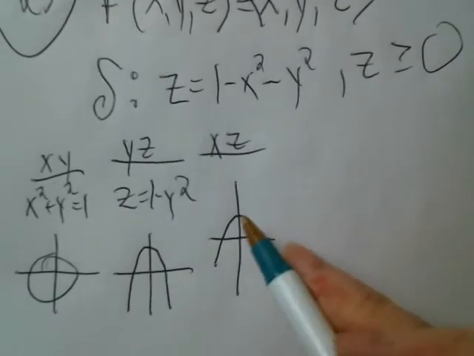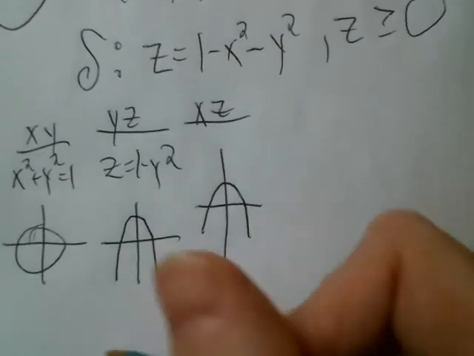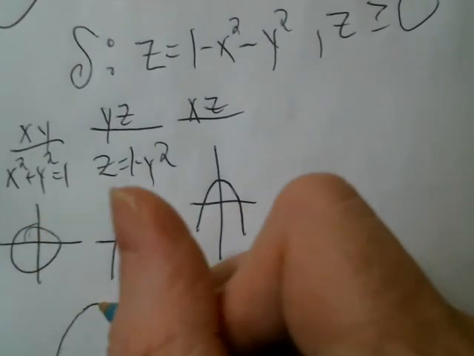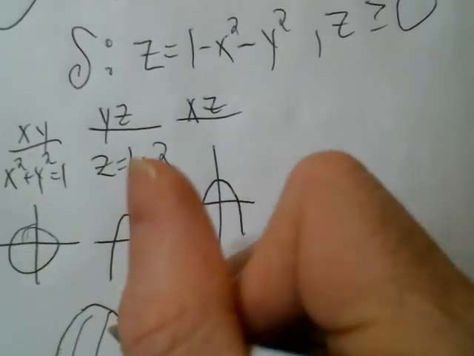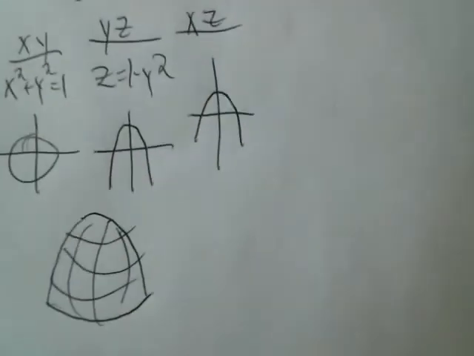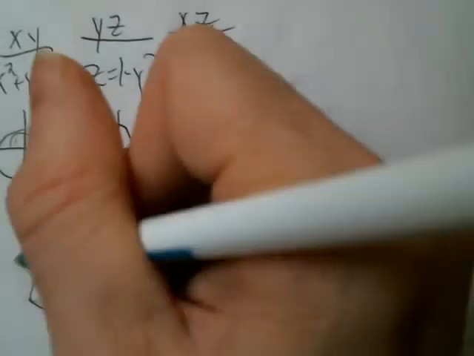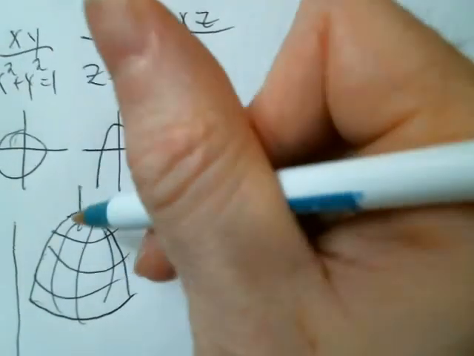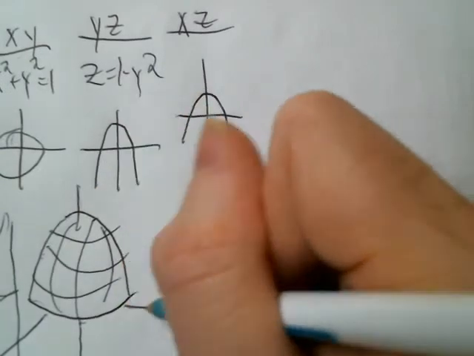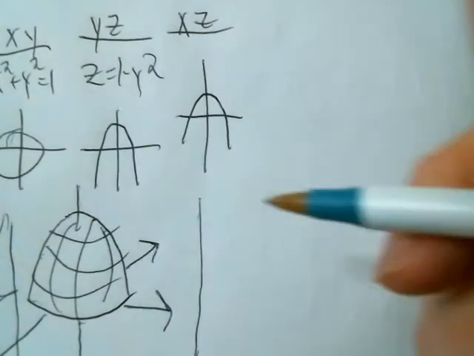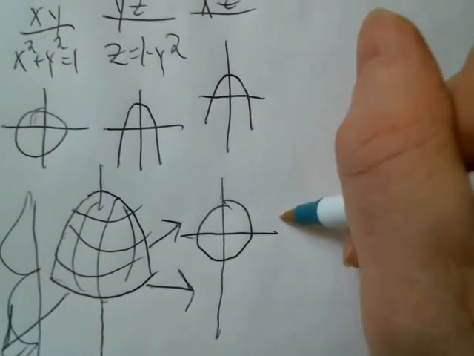Z has to be greater than 0, so you're only thinking of this portion up here. So ultimately you get this surface that we're integrating over. And the region R that the surface lives over is the circle in the XY plane, just a circle of radius 1.